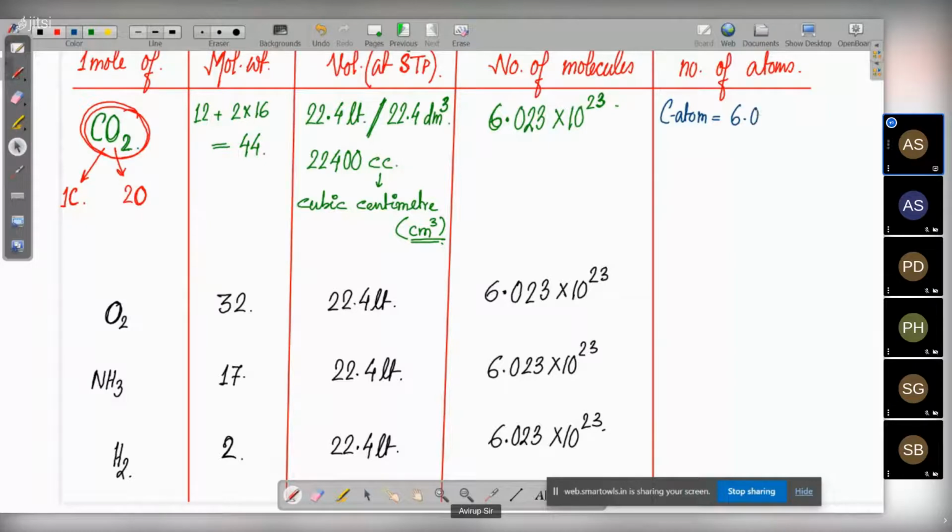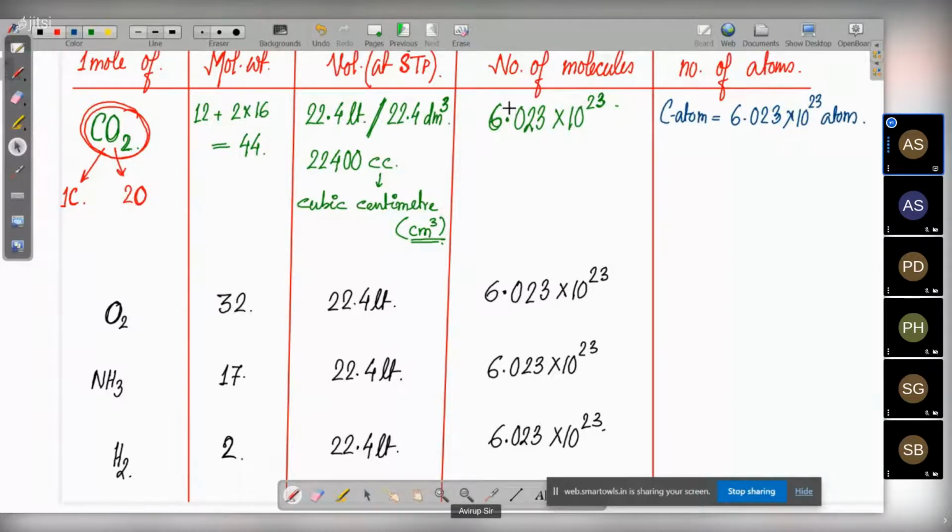That is 6.023 into 10 to the power of 23 atoms of carbon, because in one molecule you can see one carbon. Avogadro molecules, Avogadro carbon. Then the next one, O2. In one molecule, you have two oxygen.